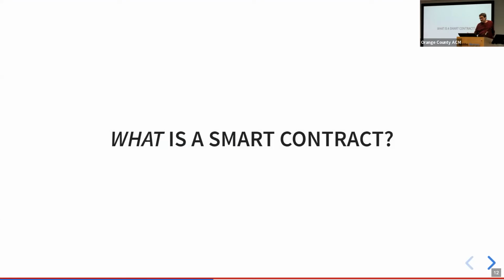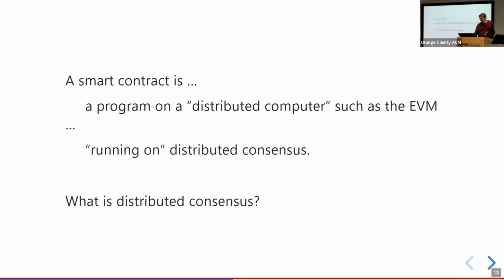So my answer to what a smart contract is really means that we need to understand a bit how blockchain works. I tried to put this in one sentence, but this sentence doesn't mean too much, so there will be more detail on the next couple of slides.